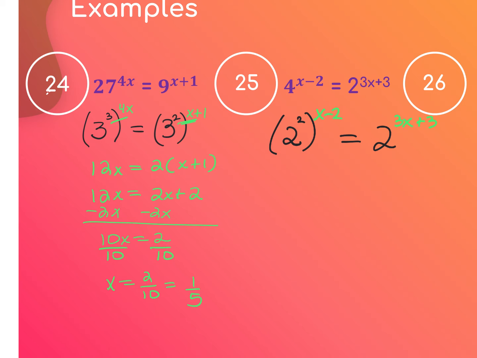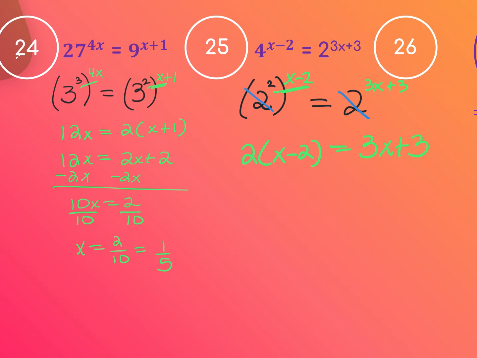Again, I need to multiply the power to the power here, but the 2's are gone. So then over here it becomes 2 times x minus 2 equals 3x plus 3. I need to distribute: 2x minus 4.